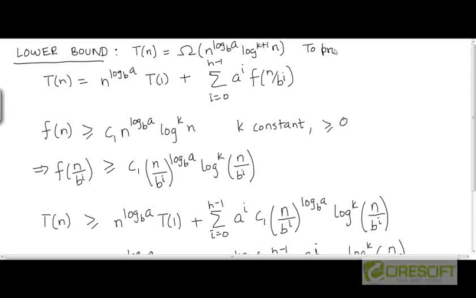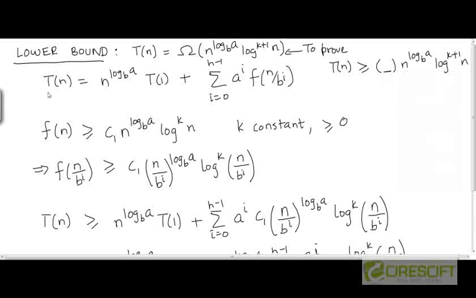So we need to prove this, which is equivalent to proving that T of n is bounded from below by some constant multiple of n to the power log base b of a times log to the power k plus 1 of n. This is what we need to prove.